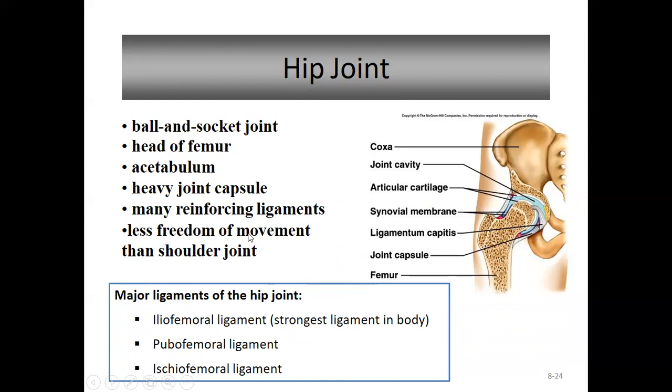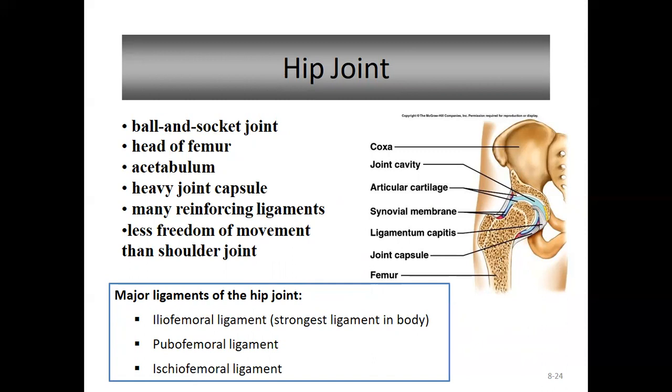You have less freedom of movement in this hip joint than you have in the shoulder joint. You can imagine that part of that, at least, would be because the shoulders are not holding up as much pressure, as much weight on a consistent basis. So it's able to move.